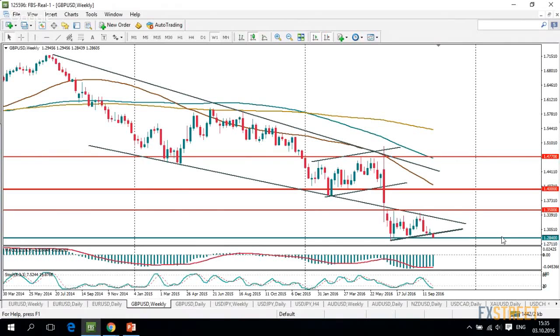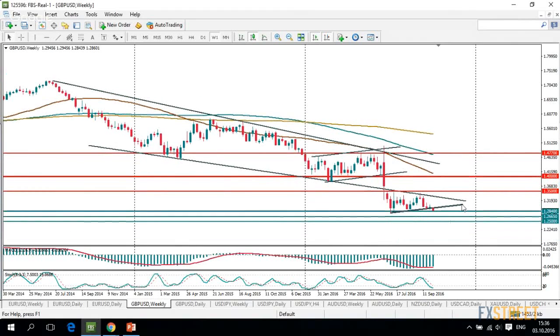So the market now sees that the UK really aims to exit the European Union, and this is a negative factor. It seems that the consolidation we saw on the weekly chart in GBP/USD may finally be over, and we may finally see another leg to the downside.